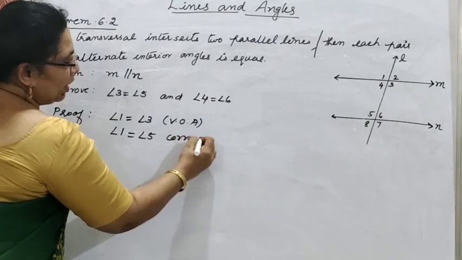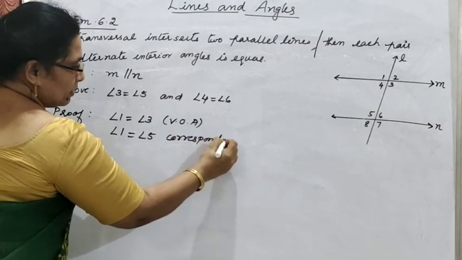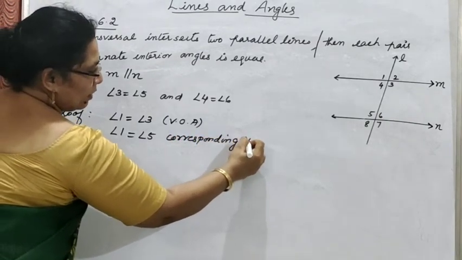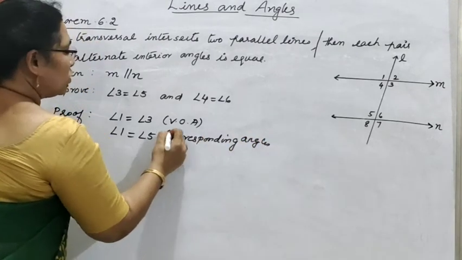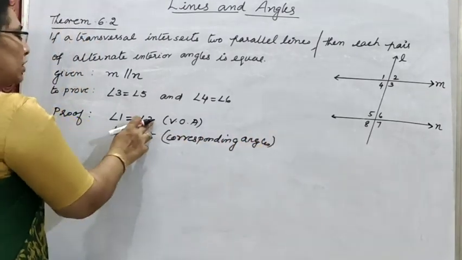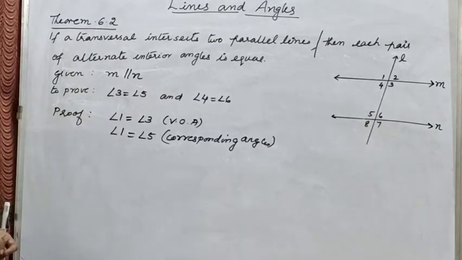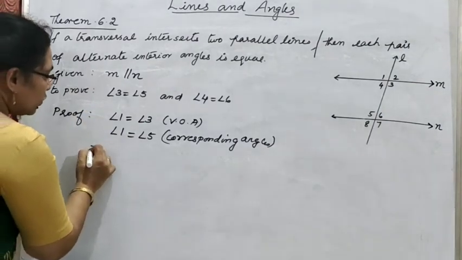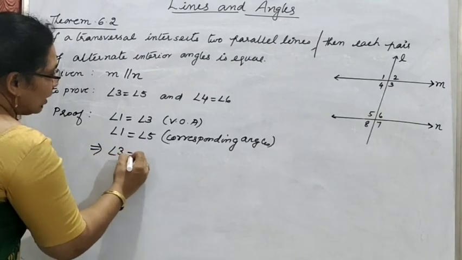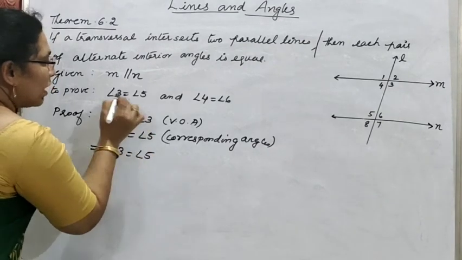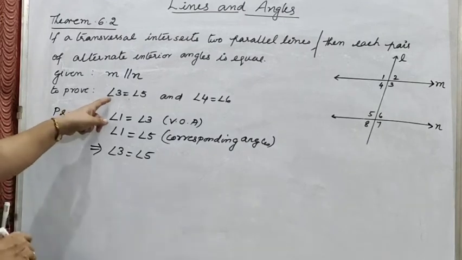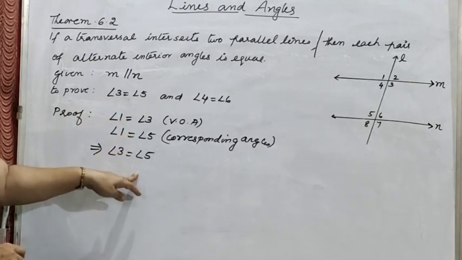Corresponding angles, right? So these two criteria we have taken. Now angles 3 and 5 are both equal to angle 1 only. This shows that angle 3 is equal to angle 5, which is what we needed to prove.